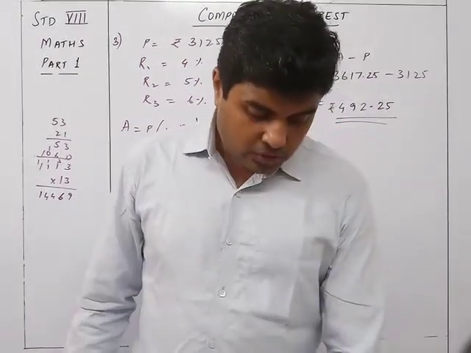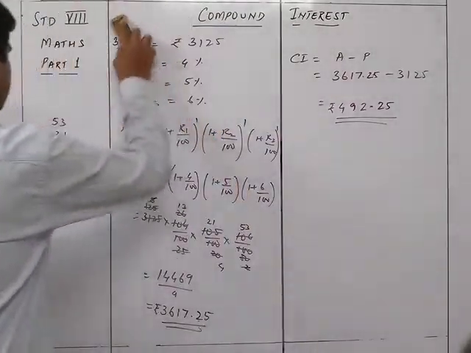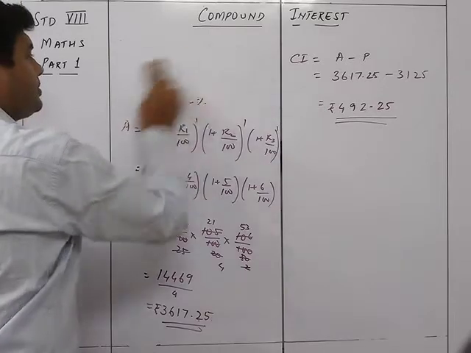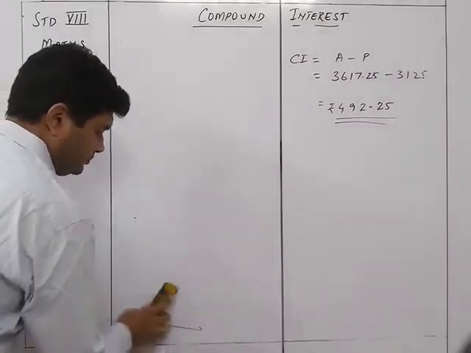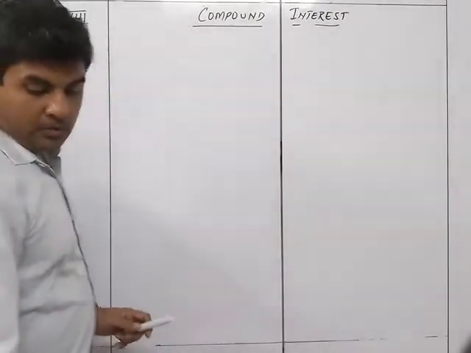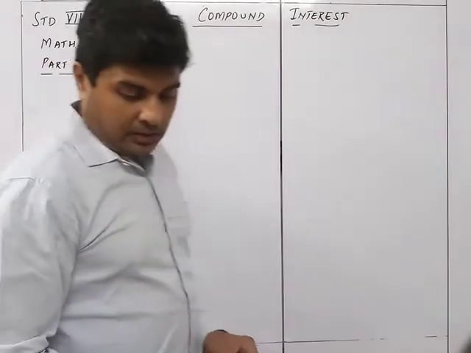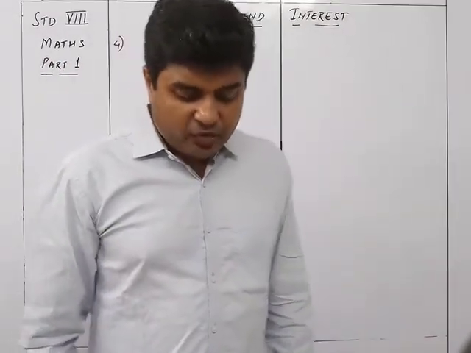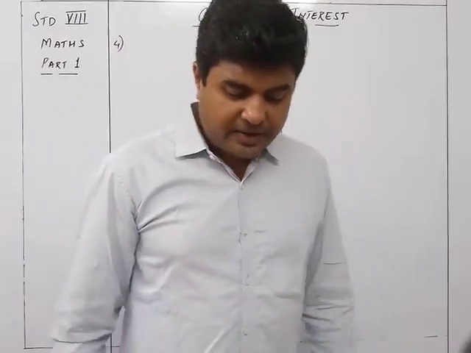Okay, so we now move on to question number 4. Kamla borrowed rupees 26,400 from a bank to buy a scooter at the rate of 15% per annum compounded yearly.